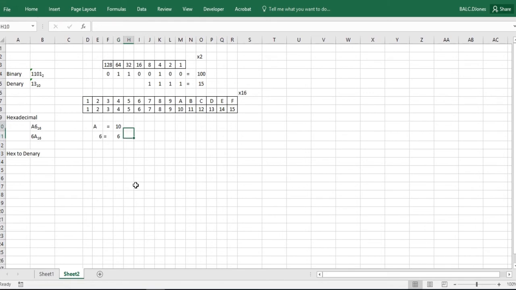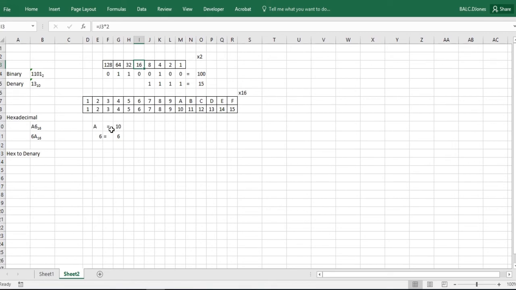But as the A is in the second digit, just like in binary, if we think about our binary system for a second, when we move to the second digit in binary, we multiply by 2, and for the third, multiply by 2 again, and again. Well, in hexadecimal, we work in the first unit, and in the second unit we multiply by 16.